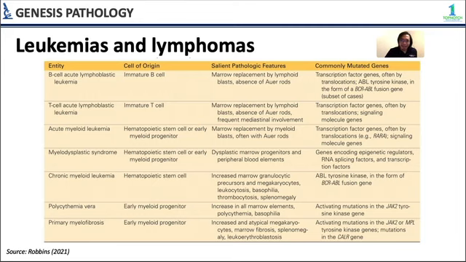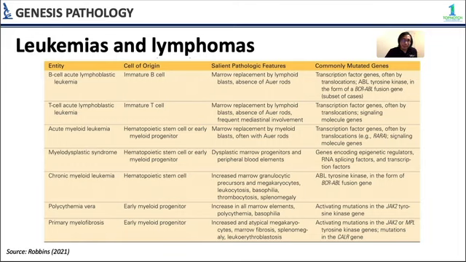When there are Auer rods, we call that cell a faggot cell. Leukemias that are associated with Auer rods are particularly more at risk for DIC, especially your acute promyelocytic leukemia or your APML.